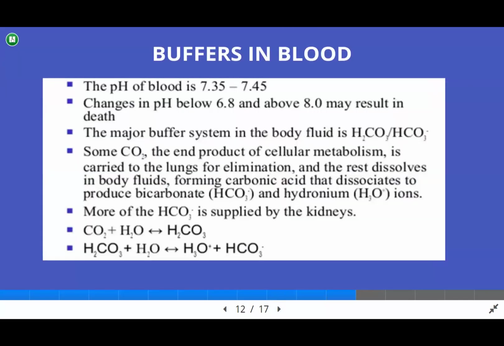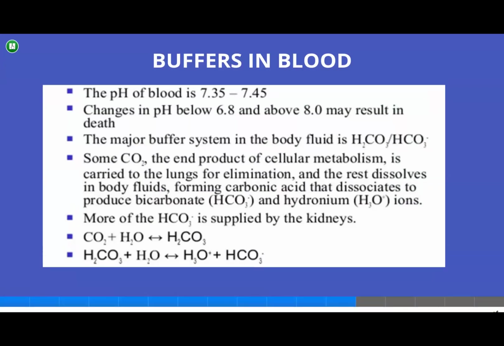Buffers in our blood, we talked a little bit about. The pH of blood is 7.35 to 7.45. Changes in pH below 6.8 and above 8 may result in death. The major buffer system in our body fluid is the carbonic acid-carbonate, H2CO3 and HCO3-, buffer system.